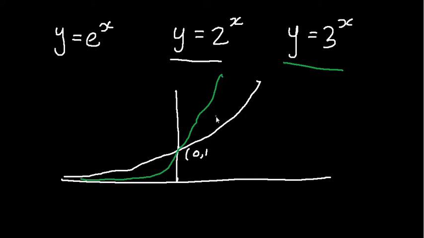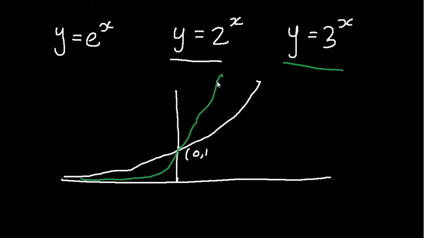It'll be a bit steeper on this side and steeper still on this side, because when x is equal to 1, y is equal to 3, and when x is equal to 2, y is equal to 9. Whereas on the y is equal to 2 to the power of x graph, when x is equal to 2, y is equal to 4, whereas y is equal to 9 on the y is equal to 3 to the power of x graph.